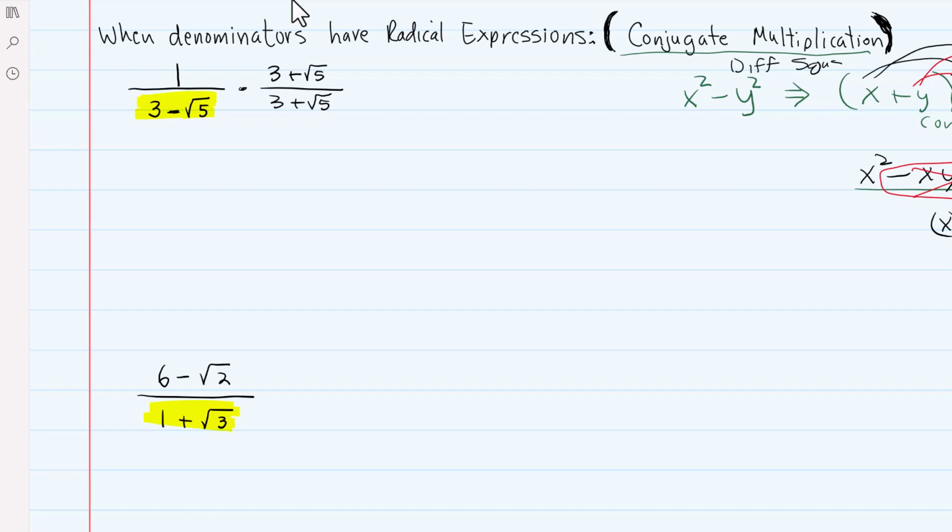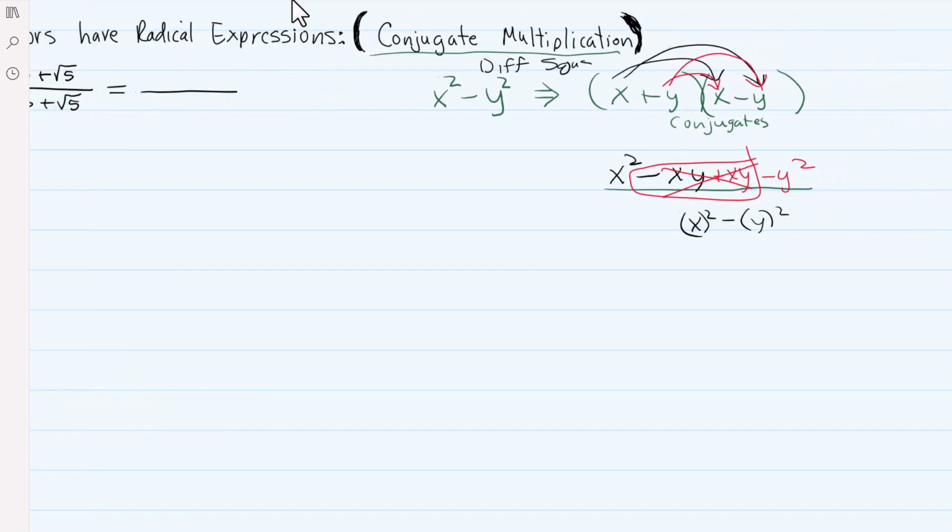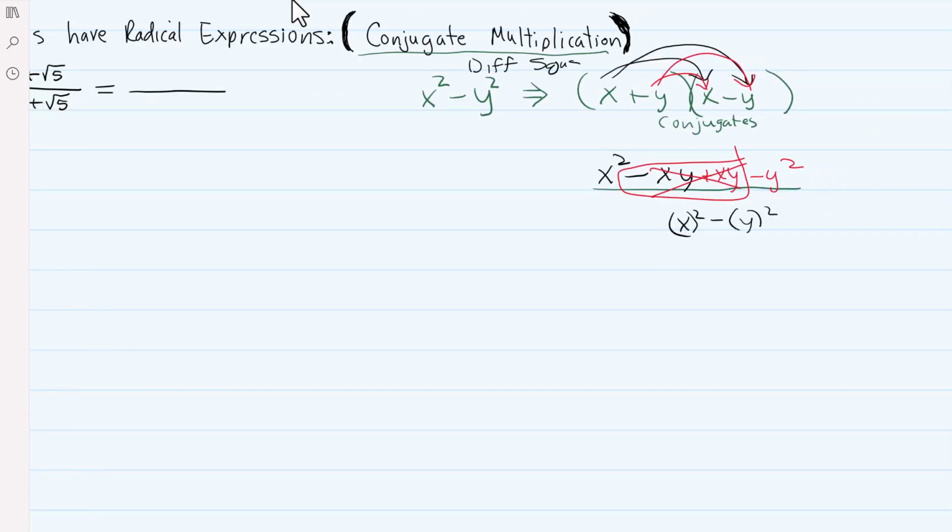So we're not going to change the value, but we're going to change the look. And then remember, when you multiply by conjugates, the middle terms are going to cancel. So you can just multiply the first times the first, and then the second times the second, and put a subtract sign, just like this.